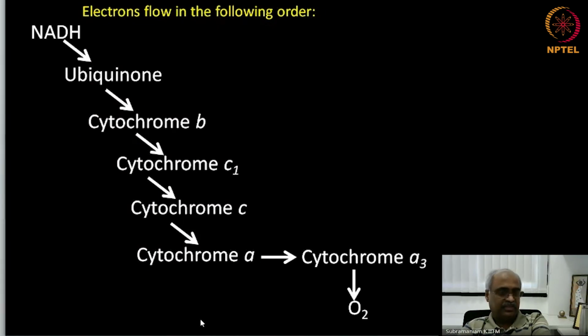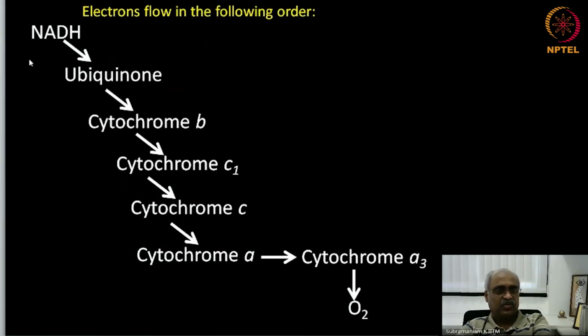That is another method. And third, by using inhibitors that inhibit electron flow in the chain of electron carriers. If you inhibit at a step, then all the electron carriers before that will be reduced, and all the ones after that will be oxidized. So by these 3 experimental means, people have deduced the sequence shown in this slide.